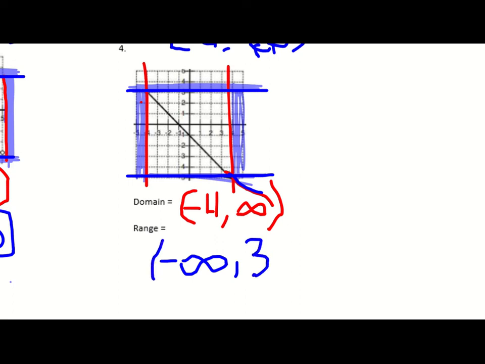Infinities always get a parenthesis, and 3 was an open circle, so it also gets a parenthesis. So to find the domain and range of a graph, domain is your leftmost to your rightmost value, range is your lowest to your highest value. This concludes our lesson on finding domain and range of a graph and determining if graphs are or are not functions.